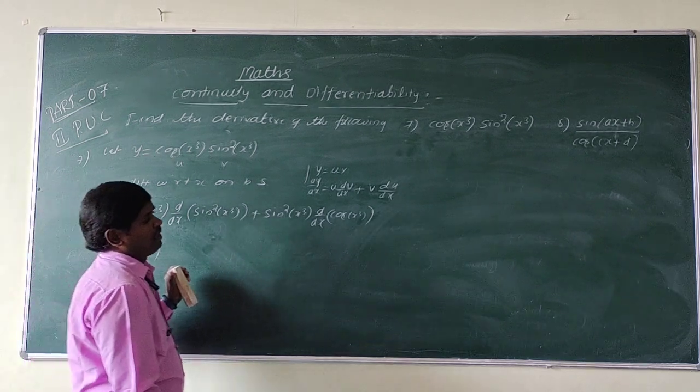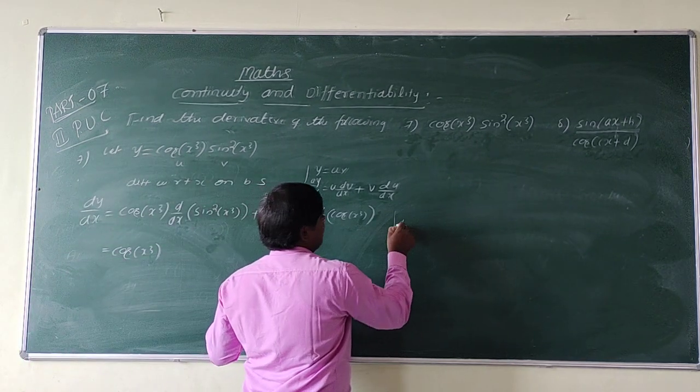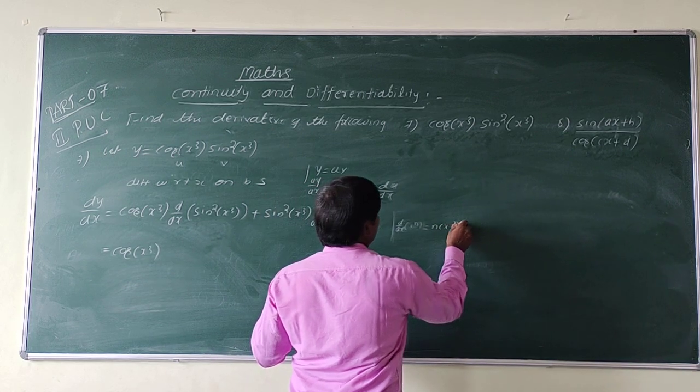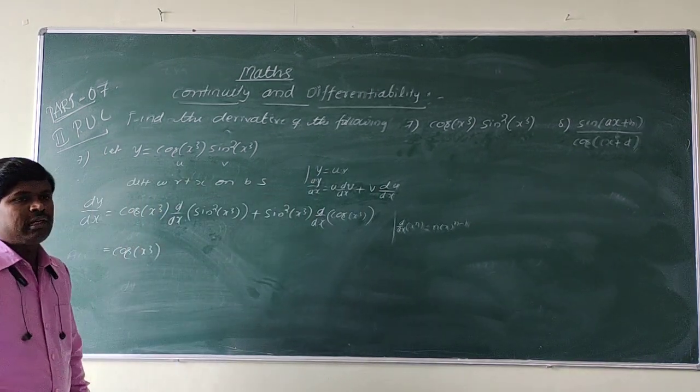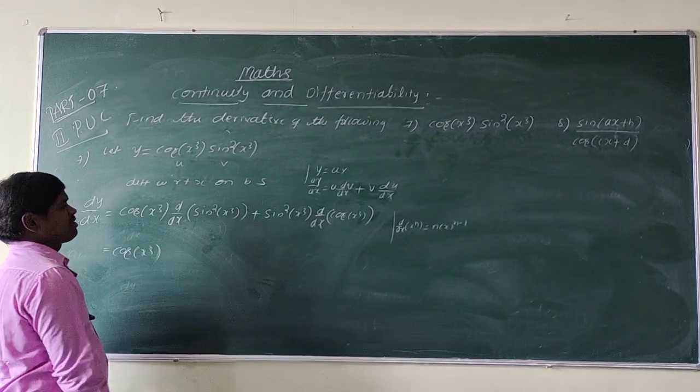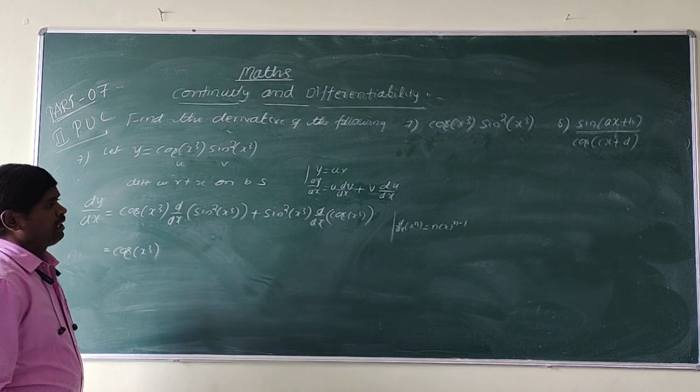Then we have a formula: d by dx of x to the power of n is equal to n into x to the power of n minus 1. By that formula we are going to differentiate the function sine square x cube.